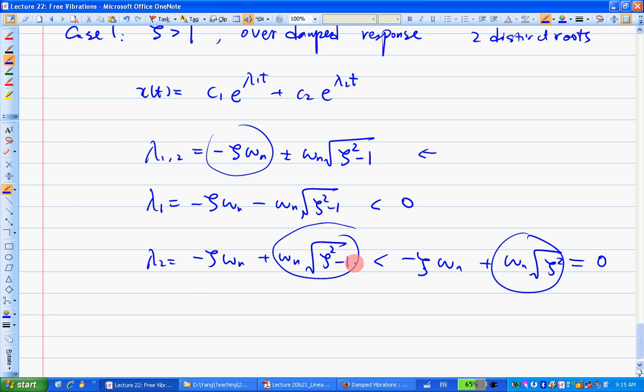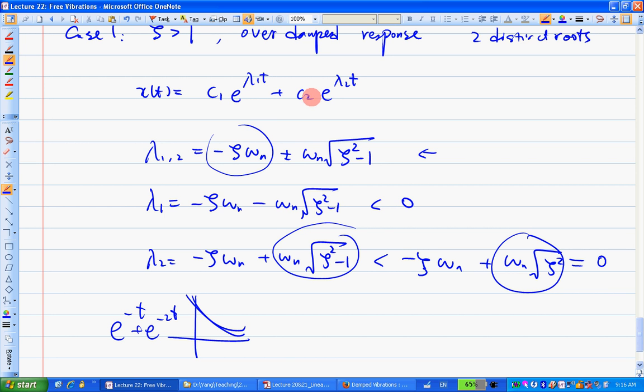If both of them are less than 0, you go back to this equation here. When you have two exponential functions, both with coefficients less than 0, what do you expect to have? If I just have one, e to the negative t, what do you expect? It's exponential decay, right? If you have two, it's still going to be something like this, isn't it?